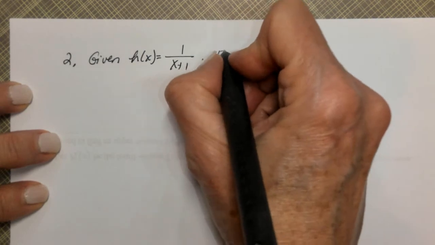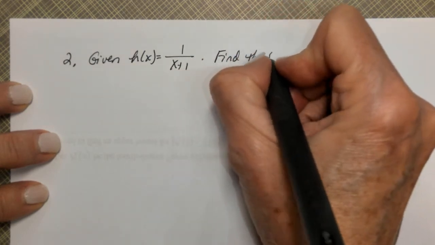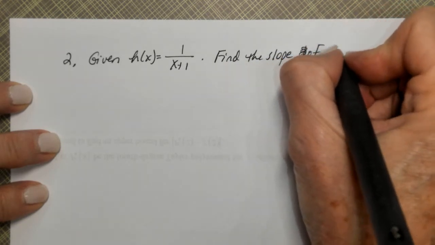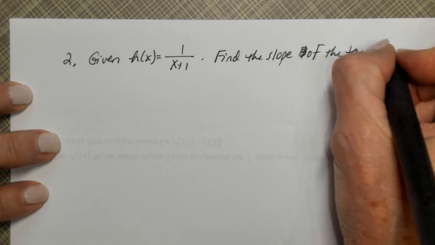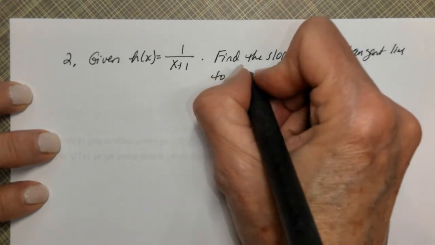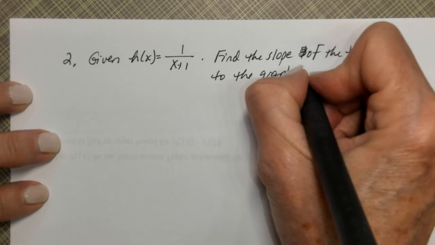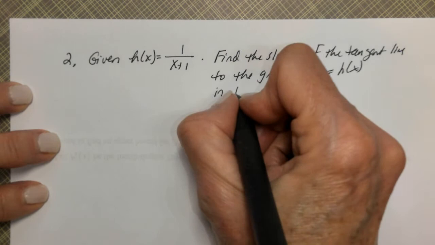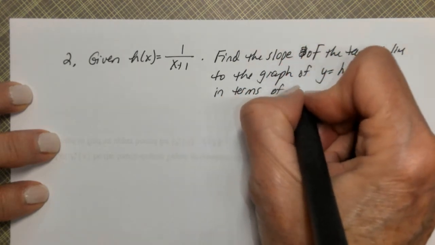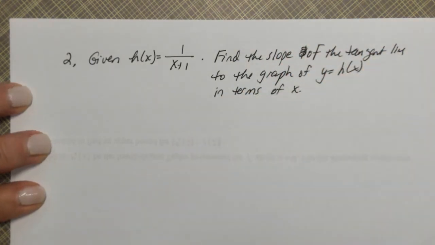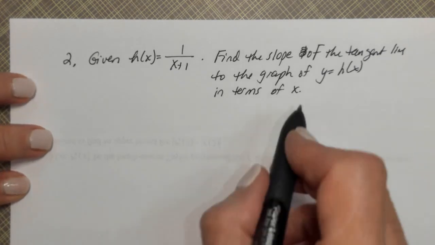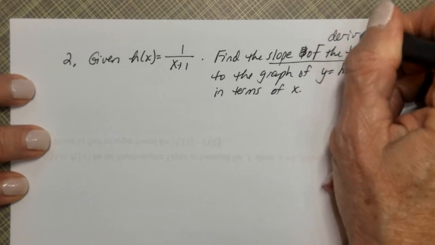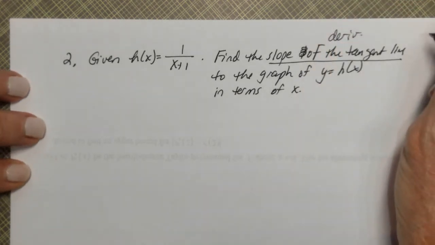And the directions say to find the slope of the tangent line to the graph of y equals h of x in terms of x. In terms of x. Okay. So, slope of the tangent line, we have to know that is the derivative. So we are finding the derivative.